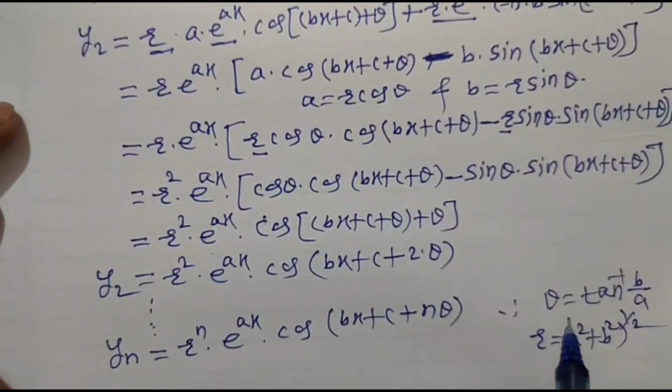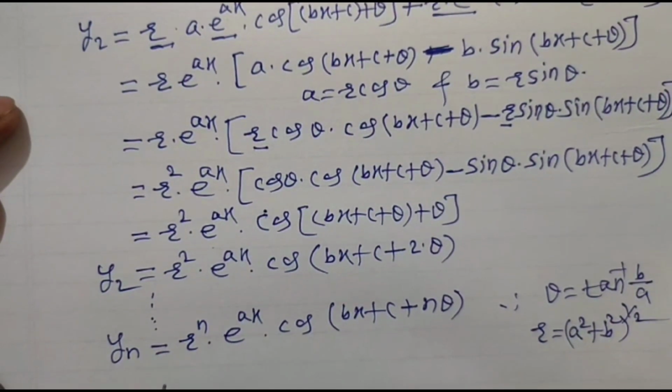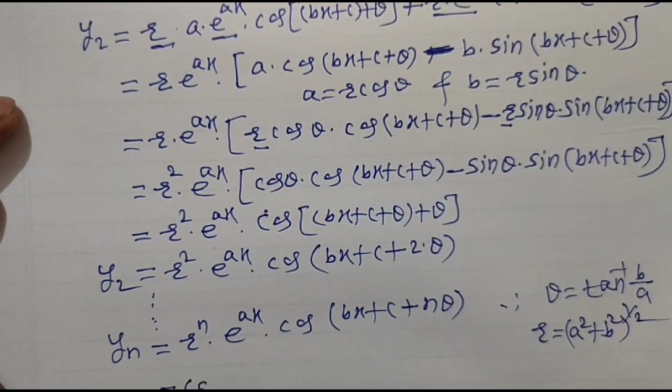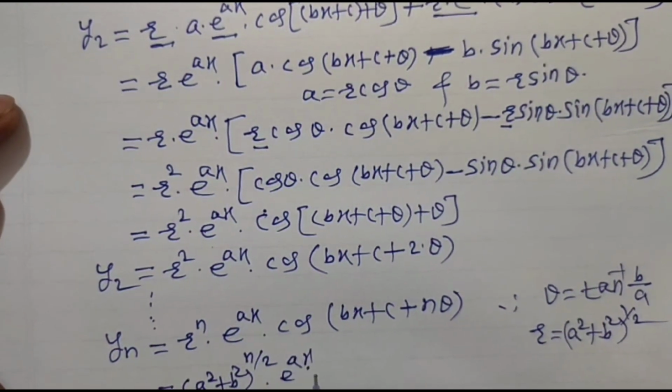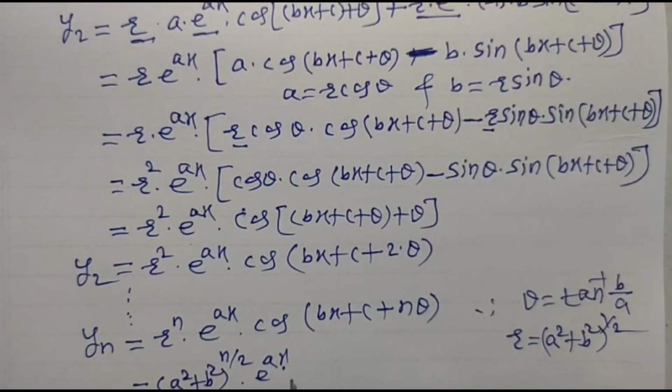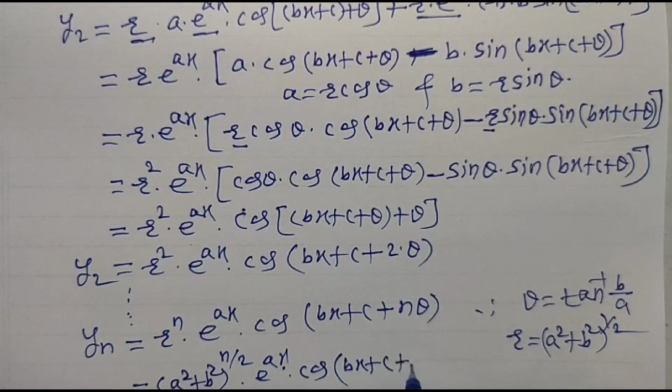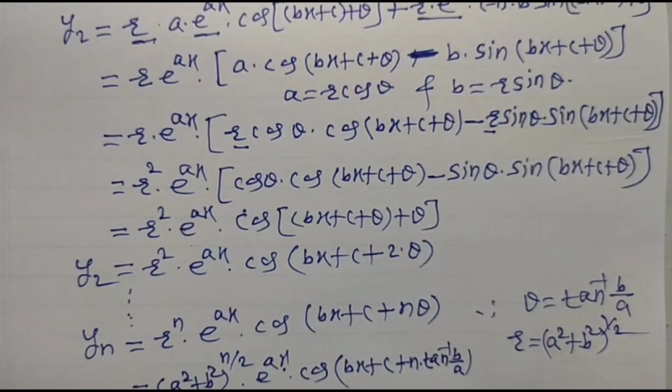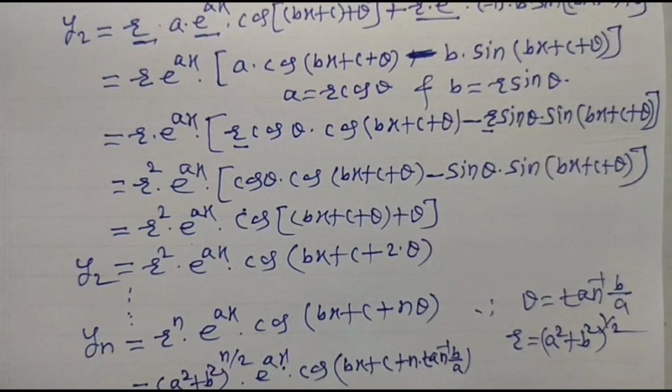Replacing theta and r, we can write (a square plus b square) to the power n upon 2 into e to the power ax into cos of bx plus c plus n times tan inverse b upon a. This is the nth derivative of e to the power ax into cos of bx plus c.